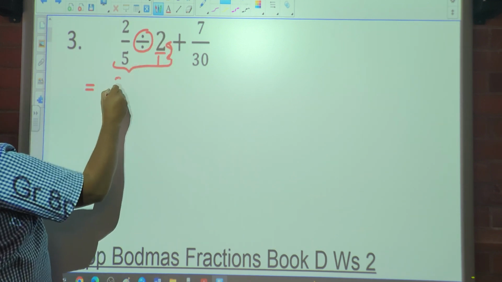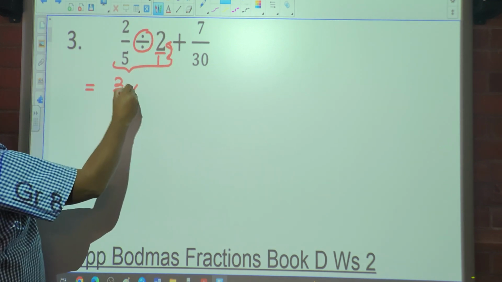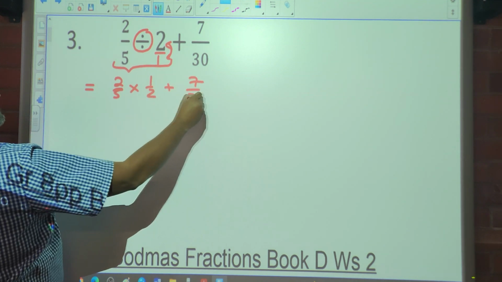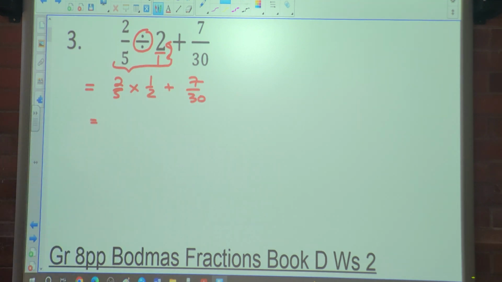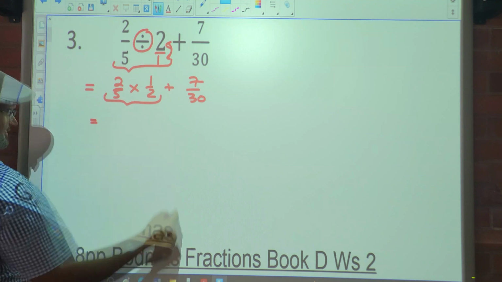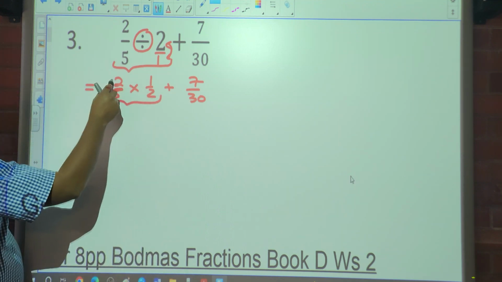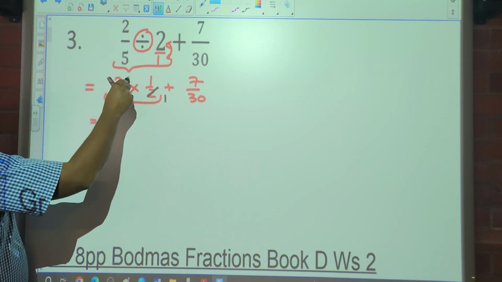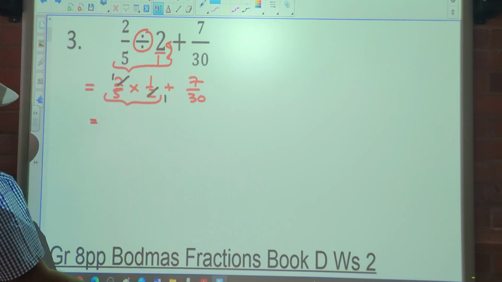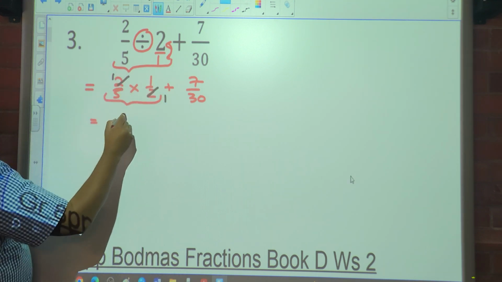So it's 2 over 5 multiplied by 1 over 2 plus 7 over 30. What needs to be done first now? Multiplication. Is there anything you can cancel here? Yes. 2 goes into 2 once, 2 goes into 2 once. 1 multiplied by 1 is 1.